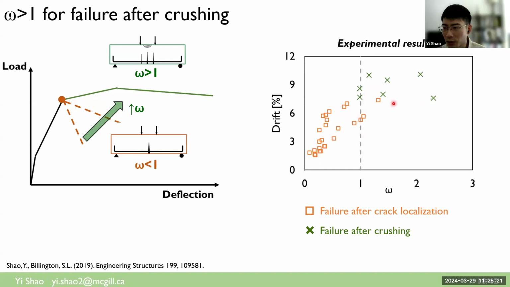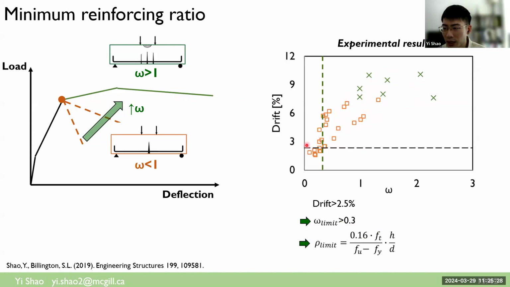This trend is very well observed from the experimental tests of many reinforced UHPC beams. And because at low deformation capacity, omega shows a positive correlation with the deformation capacity, in order to guarantee a minimum deformation capacity, we can set a lower limit to omega.